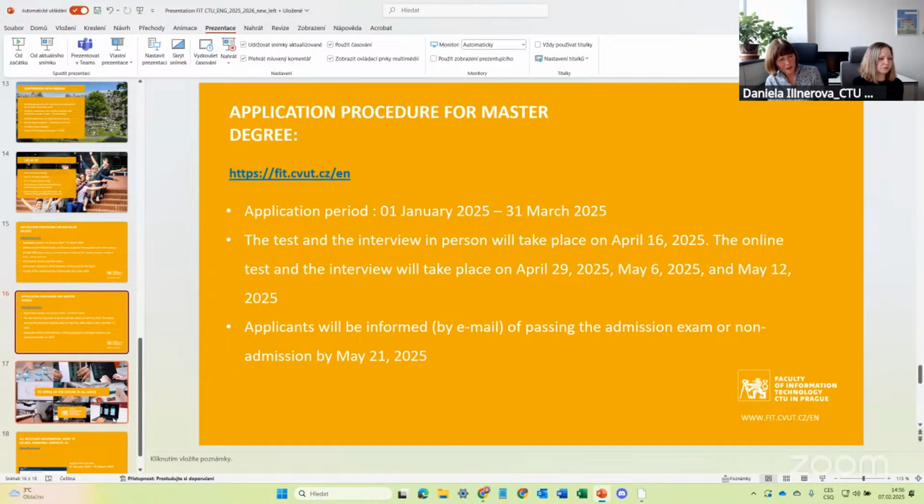To be very specific, we can admit, I think, 160 bachelor students. And it depends how many applications. 4,500. So it's as you said.